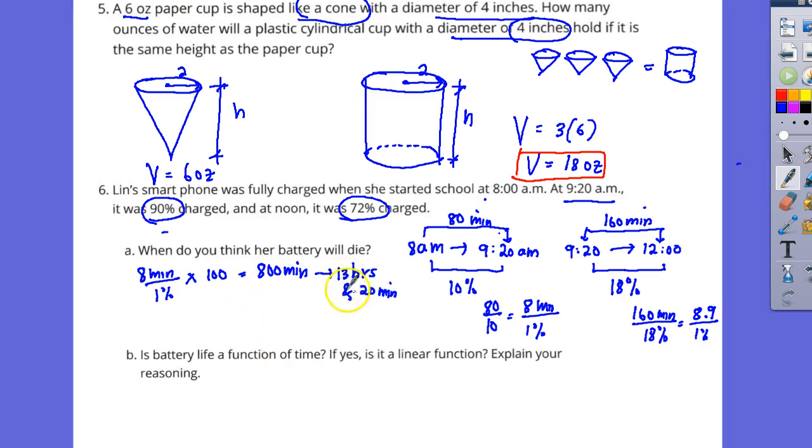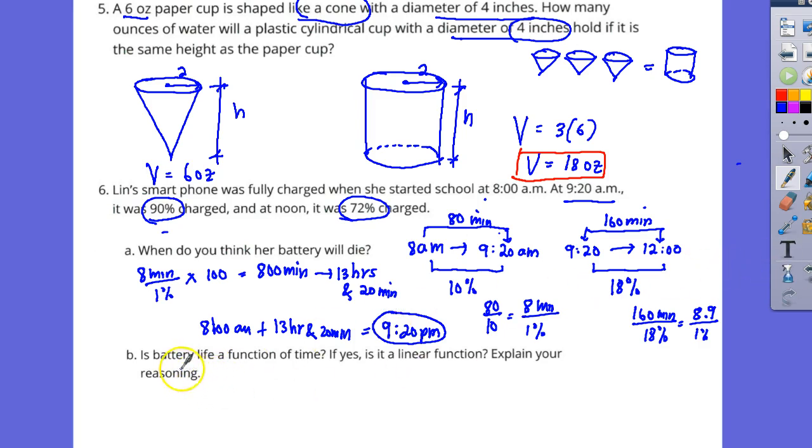So if you add 13 hours and 20 minutes to 8 a.m., that will be 9:20 p.m. So at 9:20 p.m., that's when her battery will die.